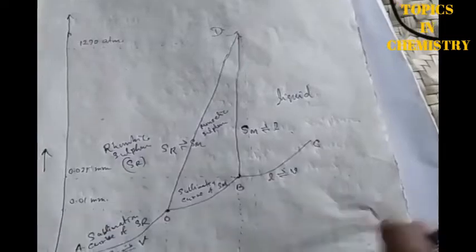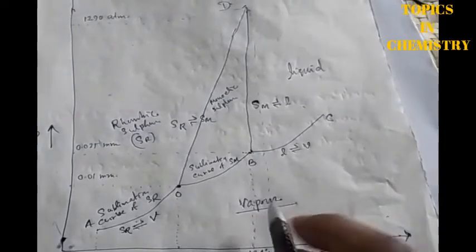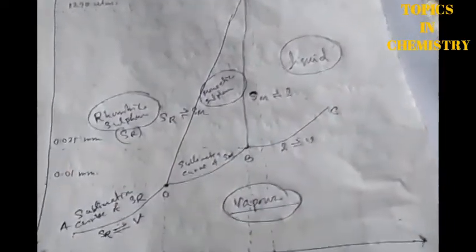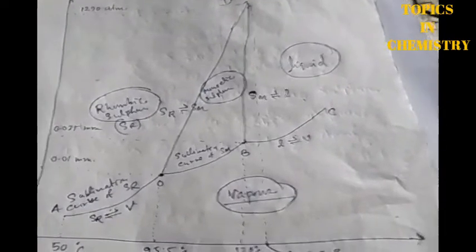In the very low pressure and high temperature region, all are vapor phase of sulphur. So you can see a total of 4 areas: here all are vapor phase, here all are liquid phase, here all are monoclinic sulphur, and here all are rhombic sulphur.